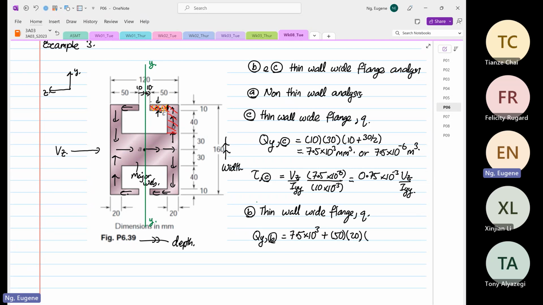And the y bar now is 60 minus 20 divided by 2. So this will be equal to (60 minus 20 divided by 2) times 20 times 50 plus 7.5 power 3, which is 57.5 times 10 to the power 3 millimeter cube. Okay, let me do it again. 60 minus 10 times 20 times 50 plus 7.5 power 3, 57.5.